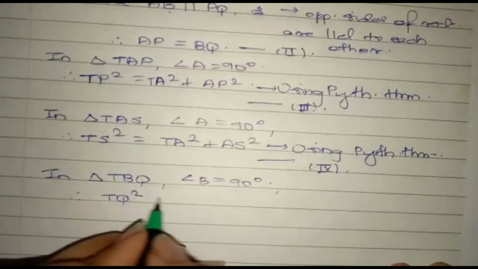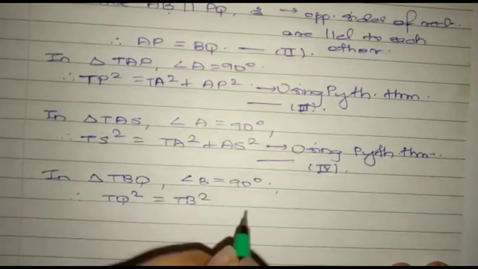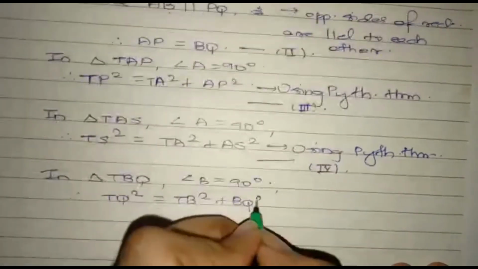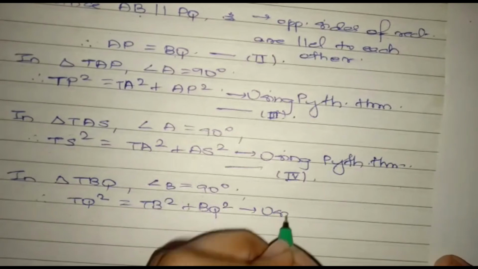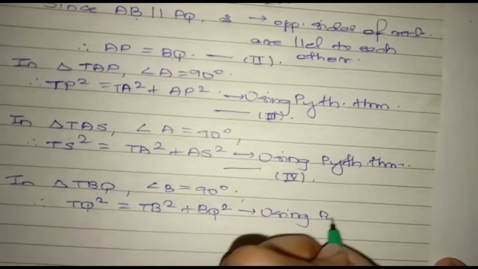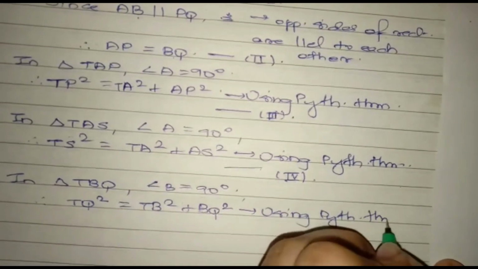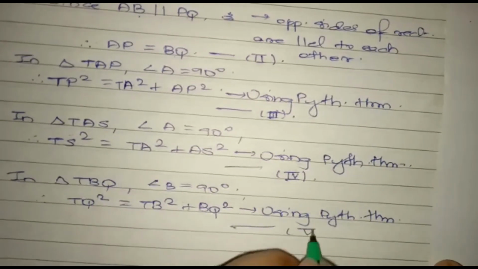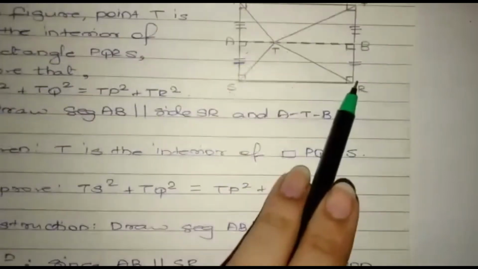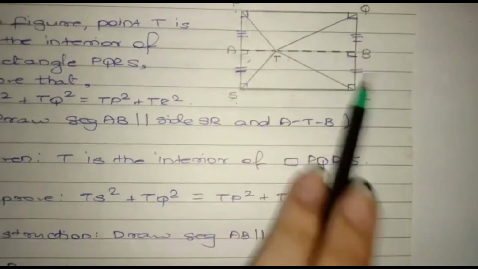This will be equation number 5. Now we are going to consider triangle TBR, the last triangle which is remaining.